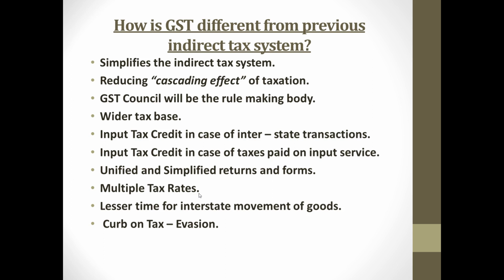Or if it wants to curb the consumption of a particular product, it can shift that product from the lower tax rate category to a higher tax rate category, right?